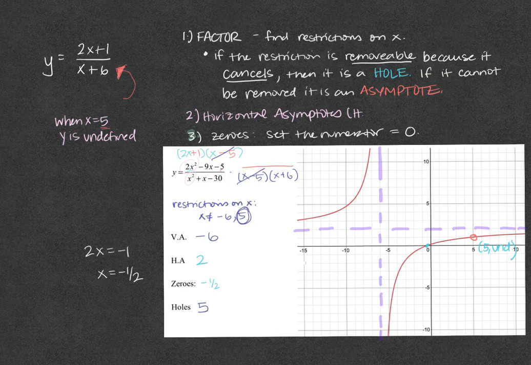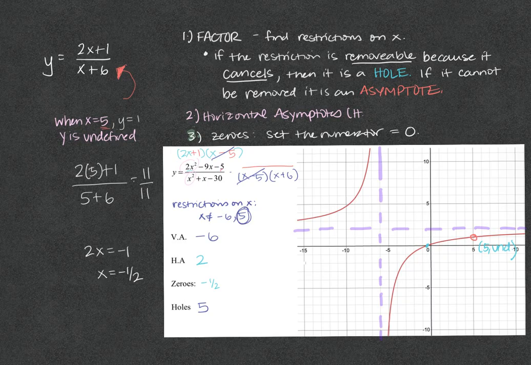So let's put that in. We're going to say, okay, when x is 5, we're going to get 2 times 5 plus 1 over 5 plus 6. So when we do that, we're going to get 10 plus 1 is 11, and 5 plus 6 is 11, and 11 over 11 is 1. So when x is 5, y is 1.